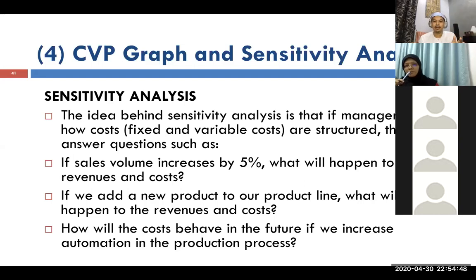So at the end of the day, each company will come out with at least three, I think maximum three graphs. One is the original. The other one, let's say you increase volume. What is the effect? And then the other one, you try to think of something. Okay. All right. Great.